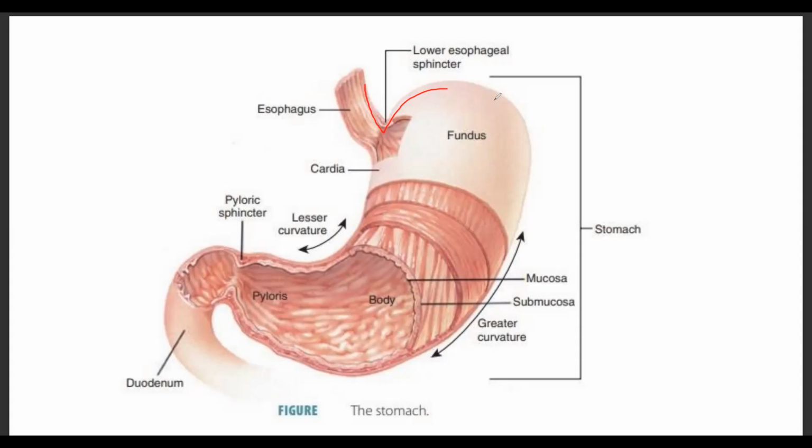And parietal cells secrete H plus and Cl minus into the stomach lumen. HCl is formed inside the stomach lumen. It is released like that as a protective mechanism. HCl is a strong acid, right?